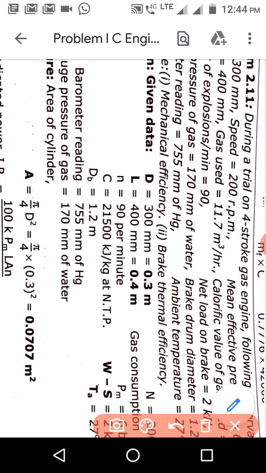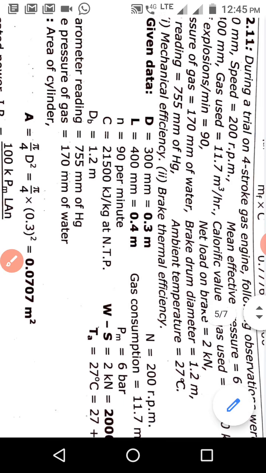But if the gas use is given as a volume flow rate, then to calculate the brake thermal efficiency you have to use brake power divided by volume of fuel into CV, and the calorific value will also be given on a meter cube basis.